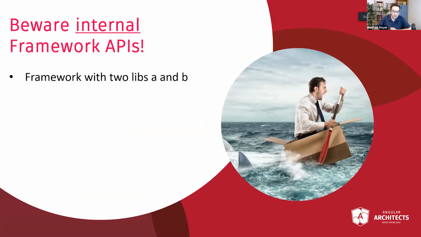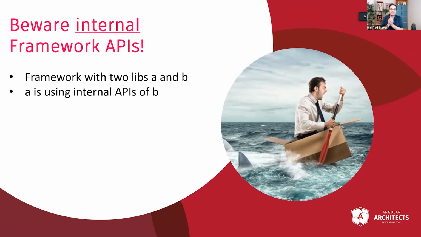But just assume a situation where you have a framework consisting of two libraries, namely A and B. And let's furthermore assume that A is using an internal API of B. Very often, there are no guarantees for being backwards compatible with internal APIs.